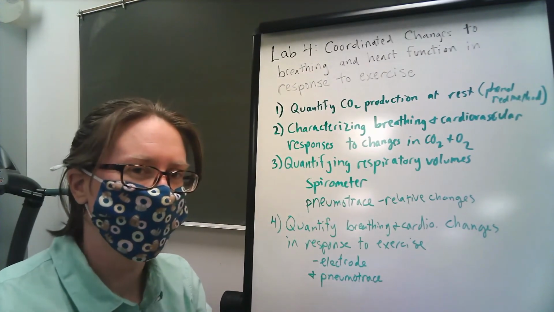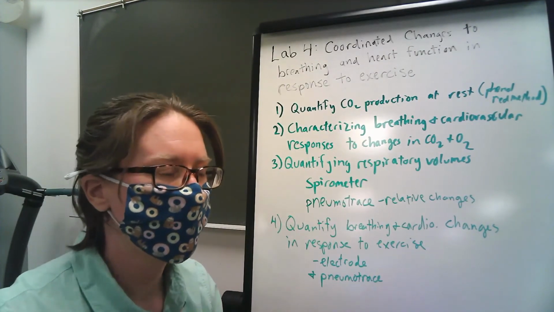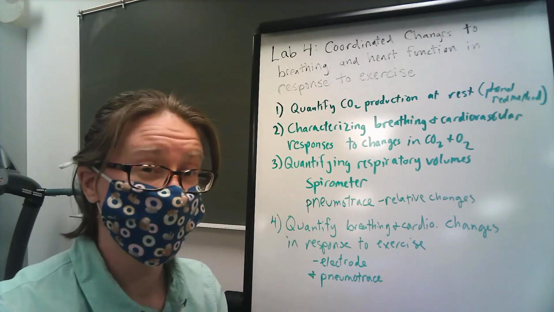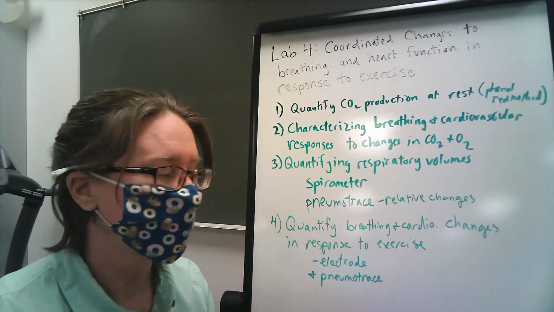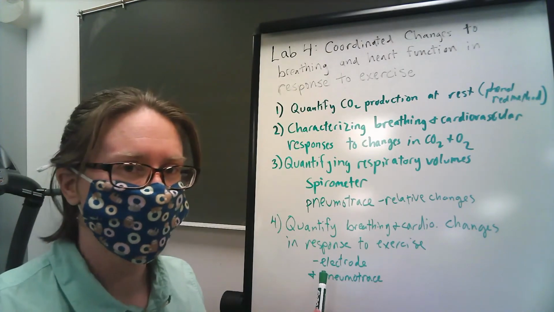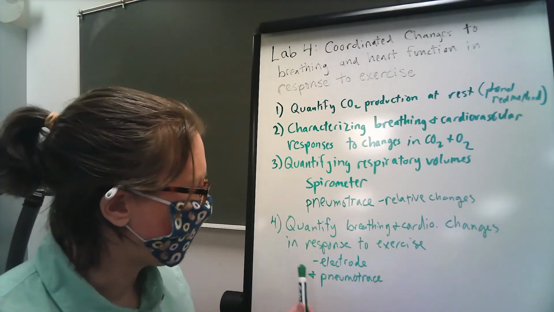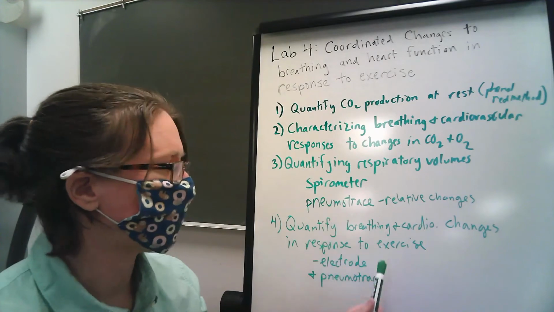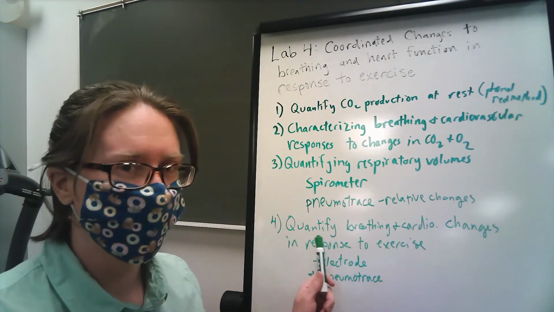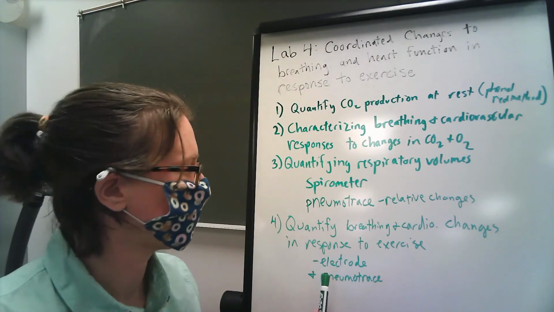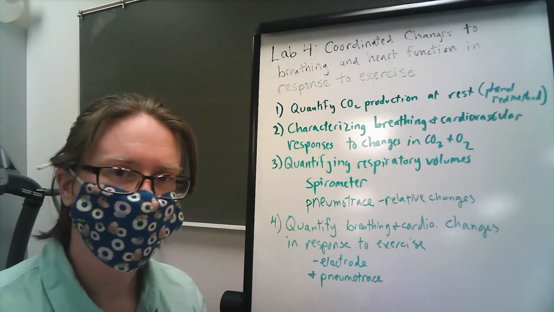So we're getting practice with these tools in this lab, and then your mission for the next lab is going to be to design an experiment that tests something associated with changes to breathing and cardiovascular function in response to exercise.